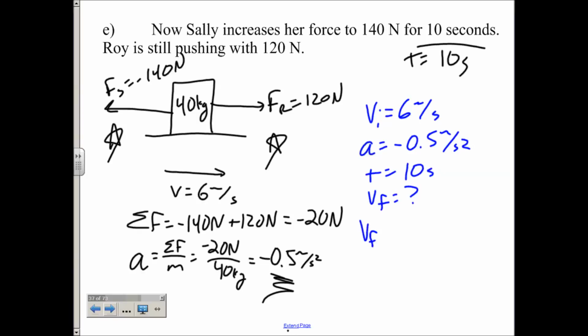So VF equals VI plus AT, or you can make a chart if you want. The only problem with the chart is if your time is not a whole number of seconds, you get stuck. So when you plug in your numbers, you're going to end up with 6 minus 5 gives you 1 meter per second. So Sally has slowed the box down to only 1 meter per second. All right. So there we go.